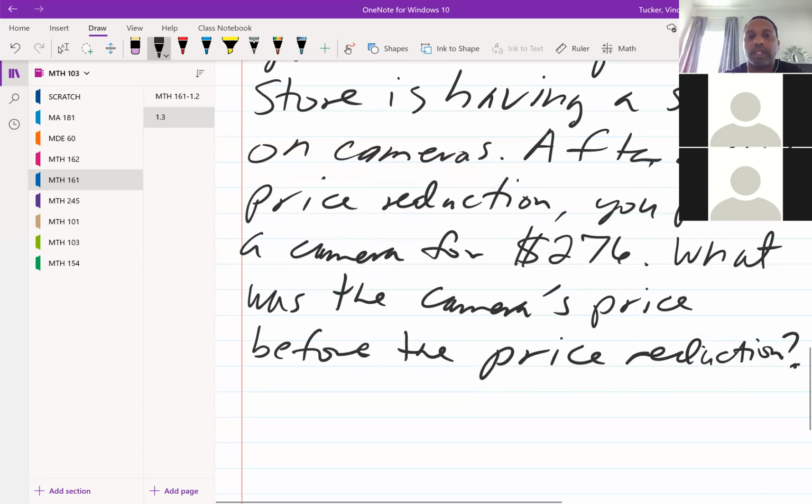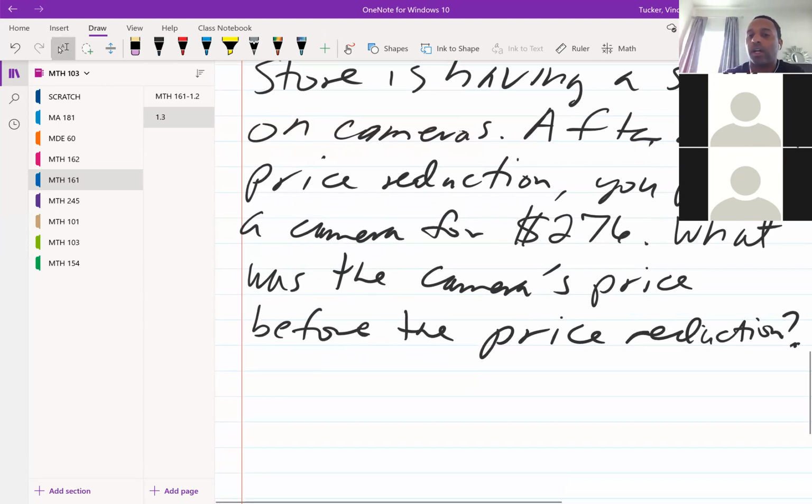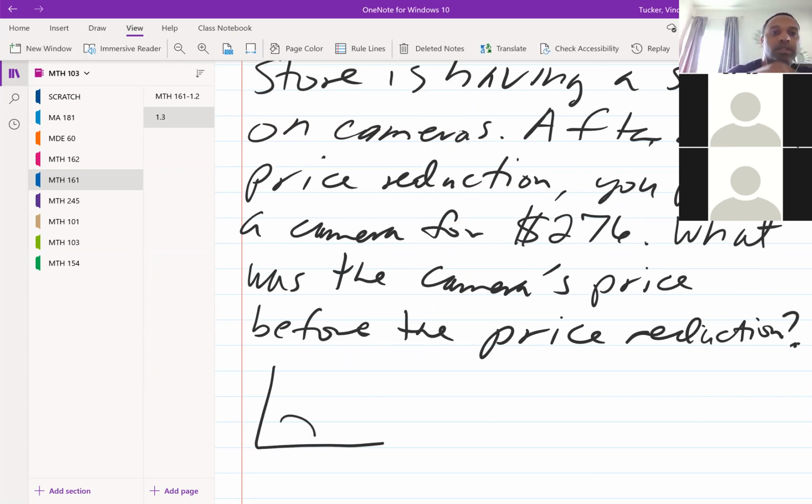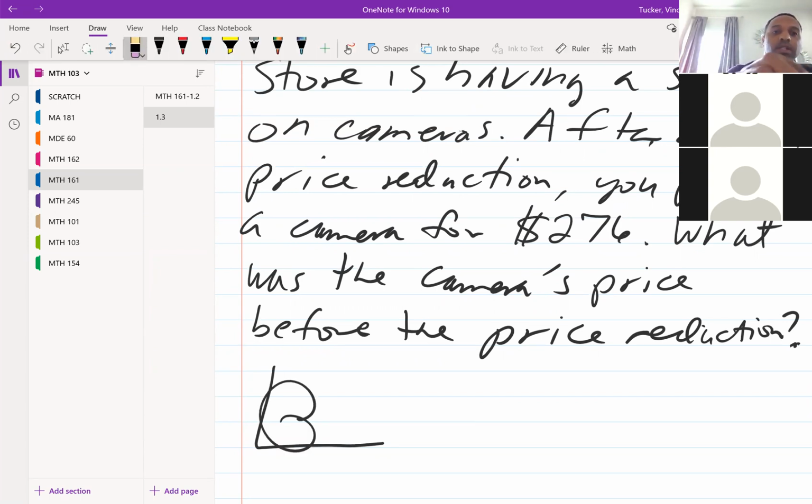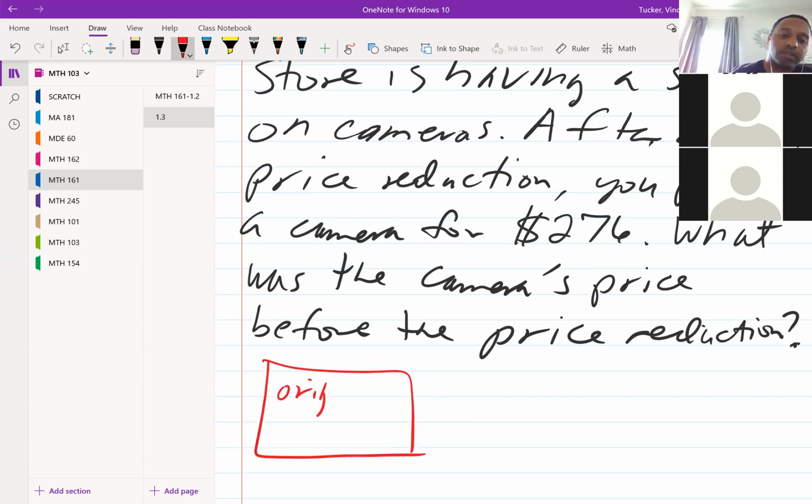All right, so when we look at something like this, if you worked retail before, if not, there's just a formula or a thought process that has to occur in order for you to get to the price reduction. So you have your original price.